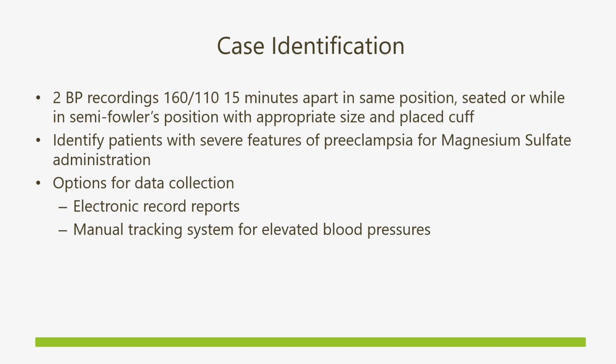Just an overview: for the case definition, two blood pressure recordings of 160 over 110, 15 minutes apart, in the same position, seated or in semi-Fowler's position, with an appropriately sized and placed cuff. We need to be able to identify patients with severe features of preeclampsia for magnesium sulfate administration. Both of those will be really important when it comes to measuring P4 and P5, in time to treatment and for mag administration.